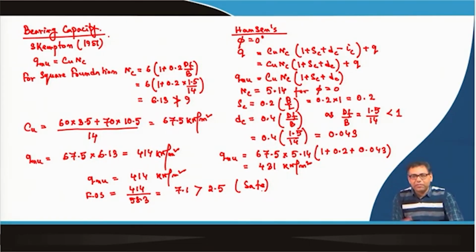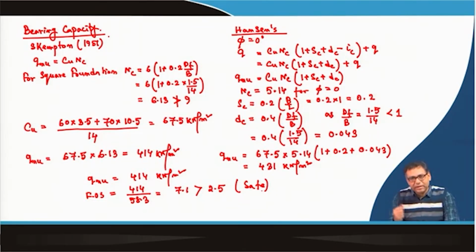So, now we have one more checking we have to do, that is for settlement. We have done one part, that is the bearing capacity, and in that part it is safe, over safe.